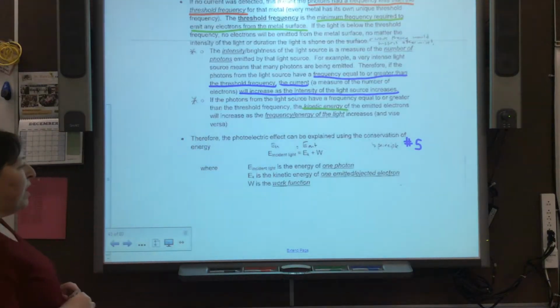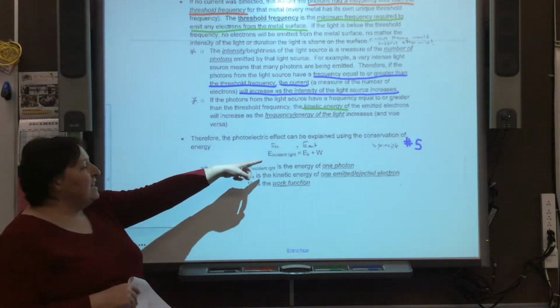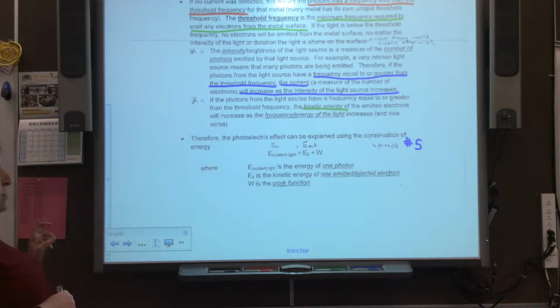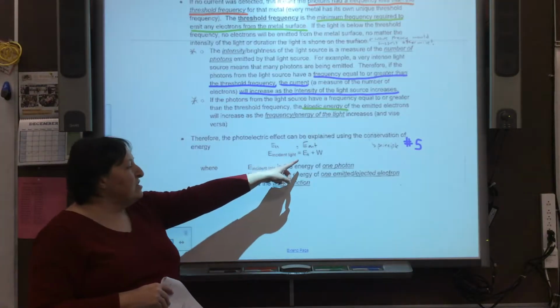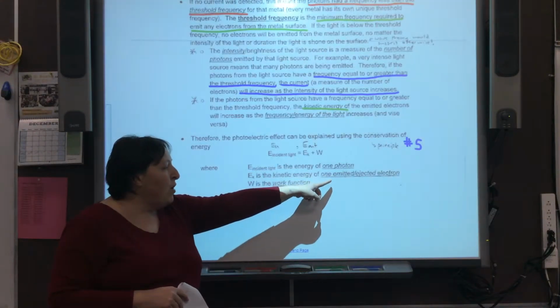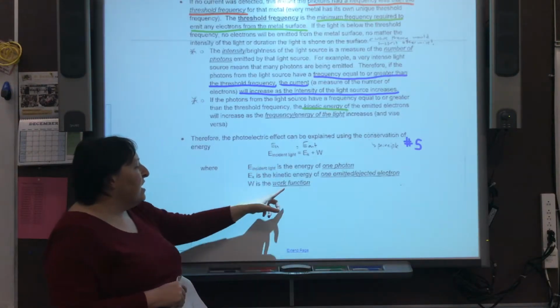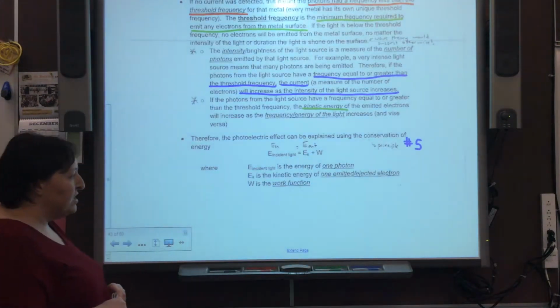Okay, and so what we're looking at is the incident light, the energy of one photon that's hitting that plate, releasing the electrons, is equal to the kinetic energy of one emitted electron, plus the work function.